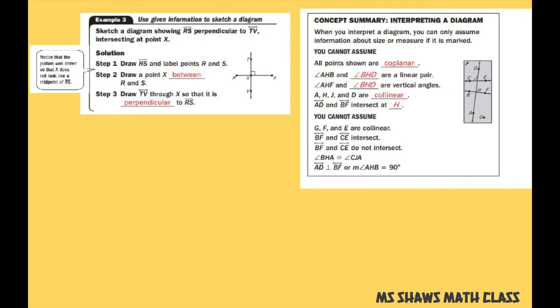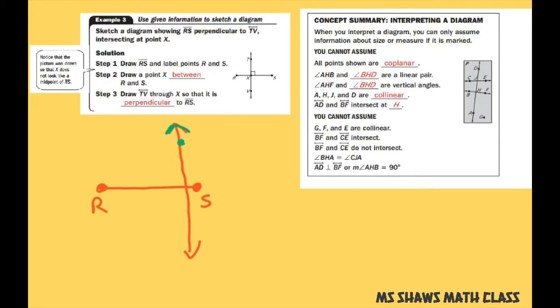Let's see, example 3. It's a sketch of a diagram showing that line segment RS is perpendicular to a line TV. So I'll put mine on this side because I did it on the other side. So this is RS, and this is TV.